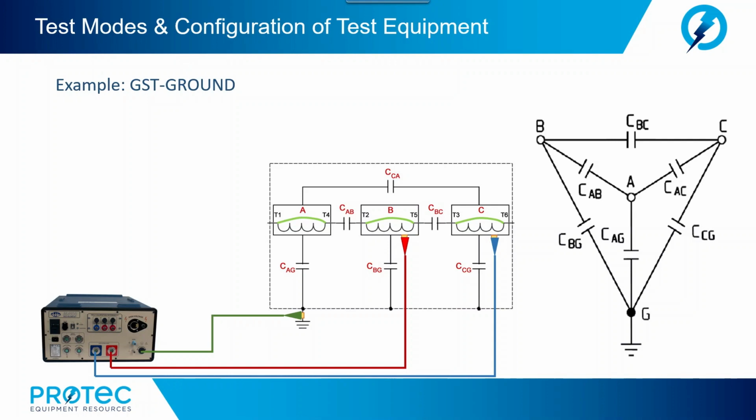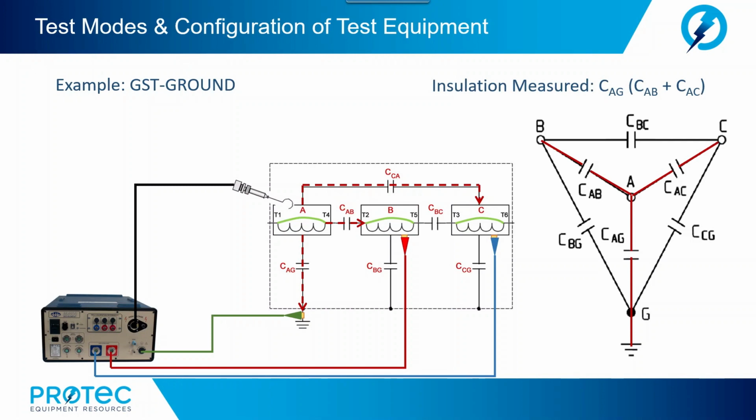Our blue lead, measurement lead, will be placed on the C winding. And we are going to energize on the A winding. The result would be we are measuring the capacitance of A to ground times the sum of the capacitance A to B plus the capacitance A to C, as we show in the current flow diagram.